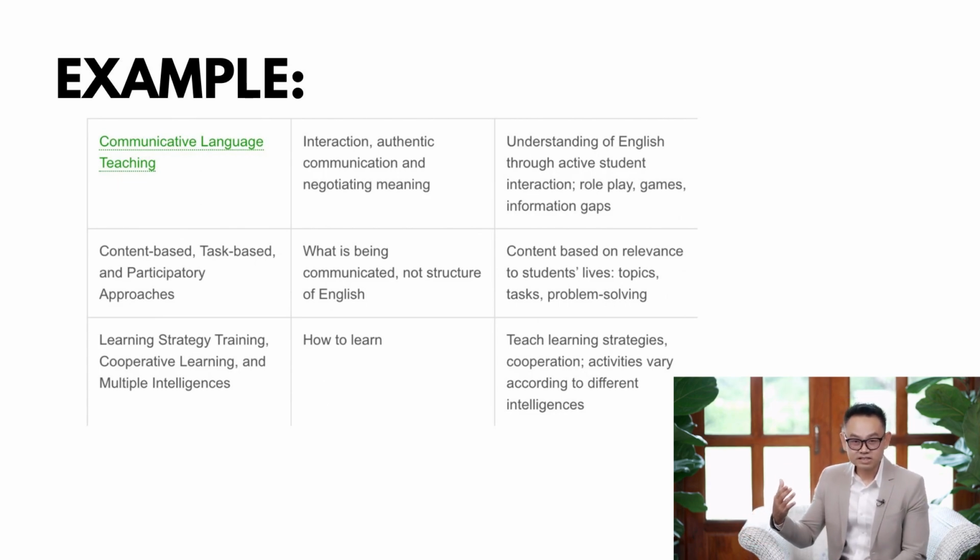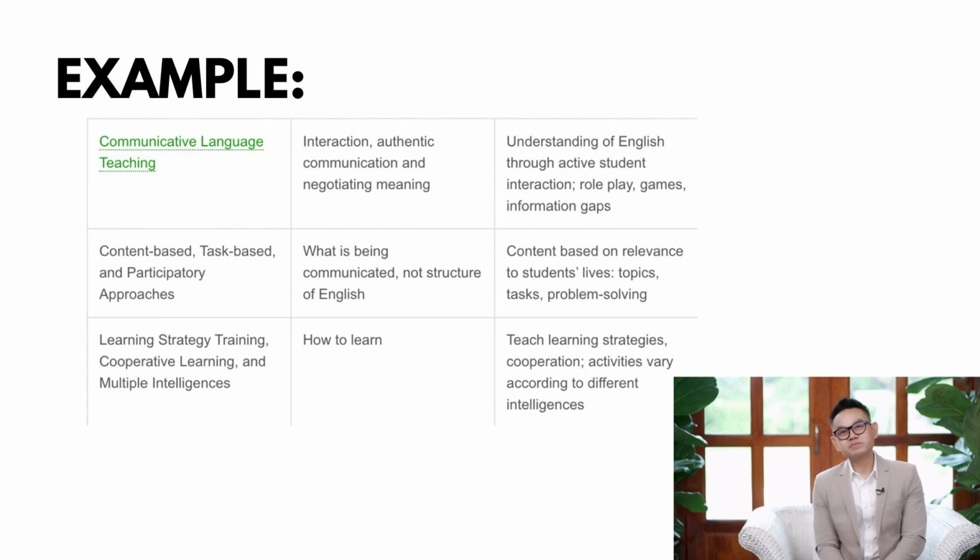And then the students may be getting involved in thinking about the topics, or maybe designing the task, or maybe sharing some ideas of how to solve certain problems. You see, this is just some ideas. Which one to use? It really depends on you.